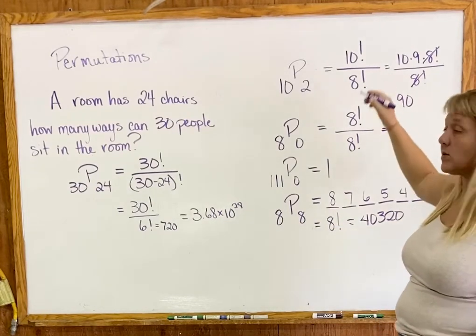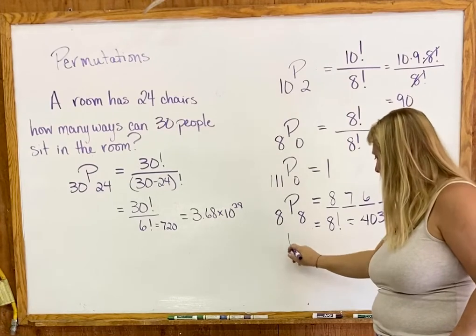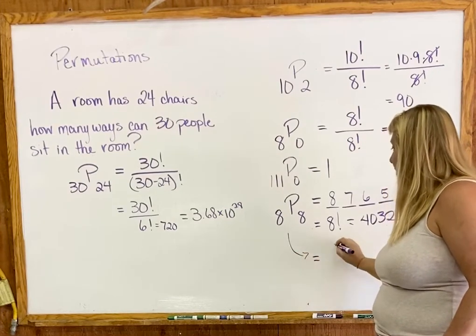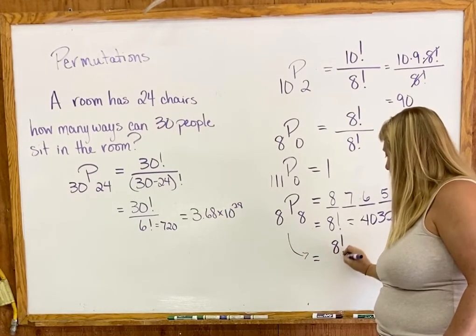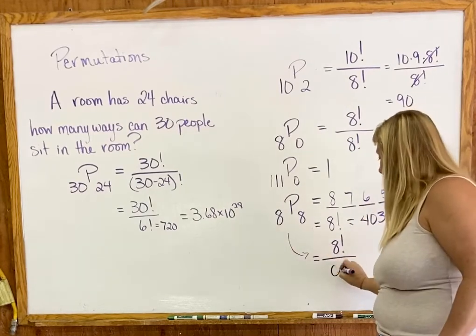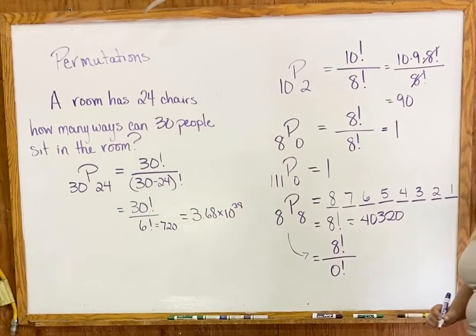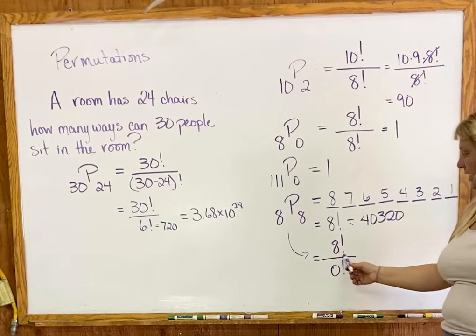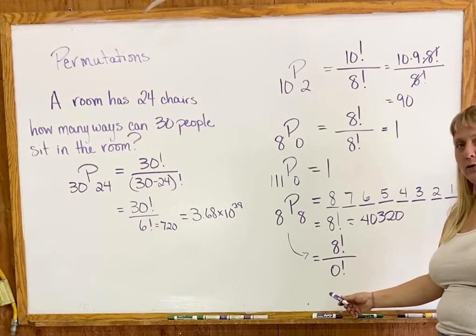But what we need to do is also look at it in the formula form. So let's look at it again this way. That would mean to take 8 factorial over 8 minus 8 factorial, which is 0 factorial. Okay, got it? But here becomes an issue because we don't know what 0 factorial means.